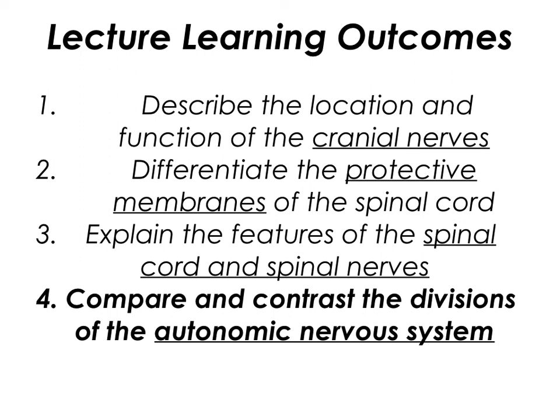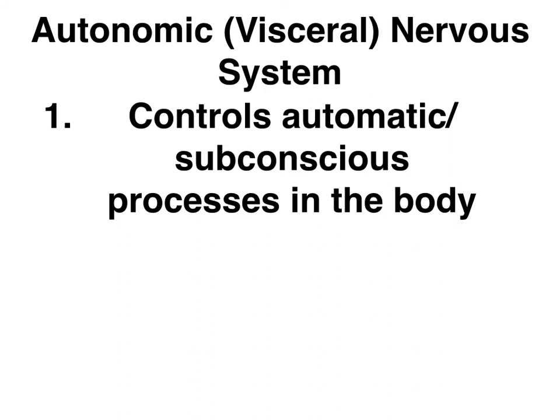Some of you may be familiar with this idea that the autonomic or visceral nervous system is important for controlling subconscious or automatic processes in the body, such as monitoring blood pressure or the fullness of your stomach, basically things that would be controlled subconsciously, like breathing, where you don't generally think about doing it because your body has these visceral or autonomic divisions that control these processes.